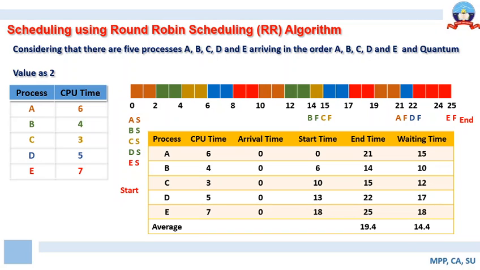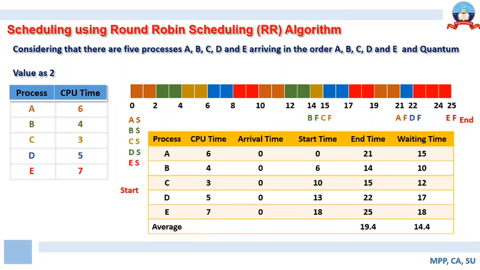From 21 to 22 D executes, because D is left with only 1 unit of execution, and D terminates at 22. From 22 to 24 E executes, and from 24 to 25 E executes again. This is how the execution is done with the round robin scheduling algorithm.